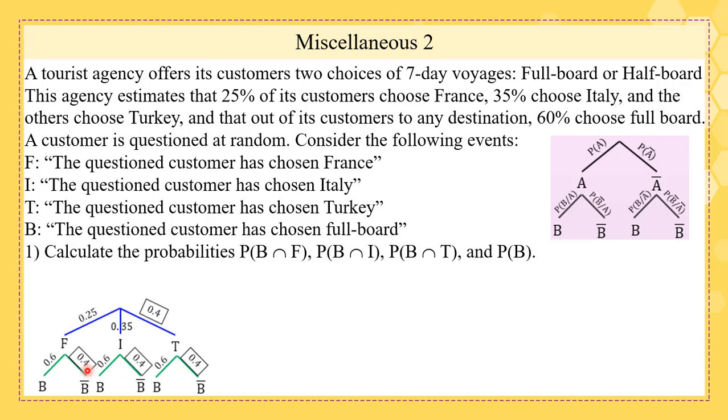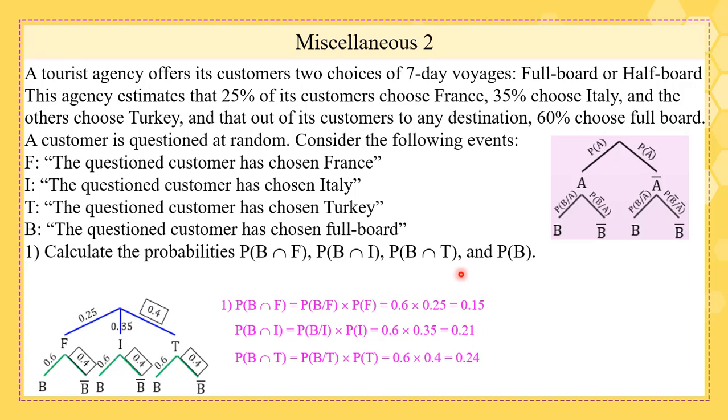Now here for B intersection F, this is B, this is F, it will be directly, easily, 0.15, and the probability of B intersection I, we know everything, this is B, this is I, it will be 0.21, and the probability of B intersection T would be B and T, which is 0.6 times 0.4, which is 0.24.